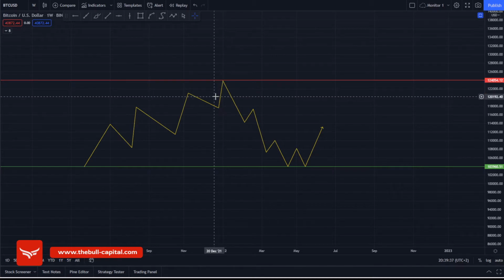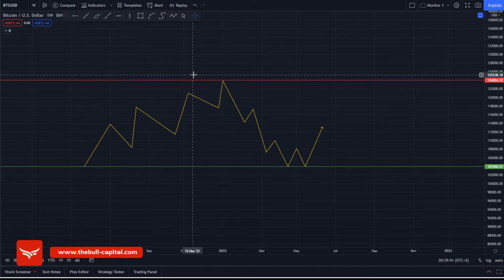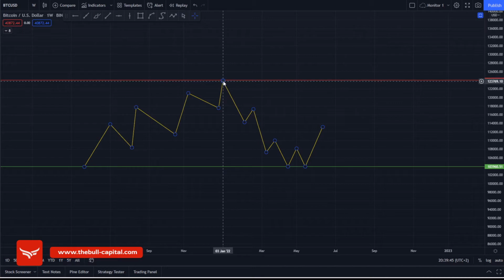So the price rises up to the area of resistance and bounces from this level. Resistance is the price level at which supply, I mean selling power, is strong enough to prevent the price from rising further.